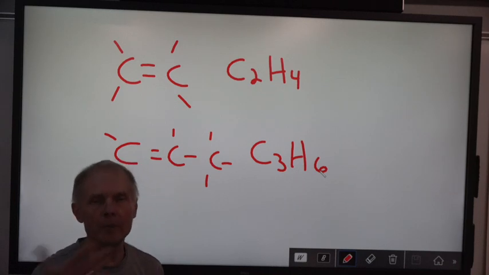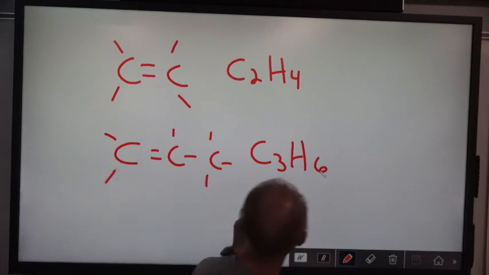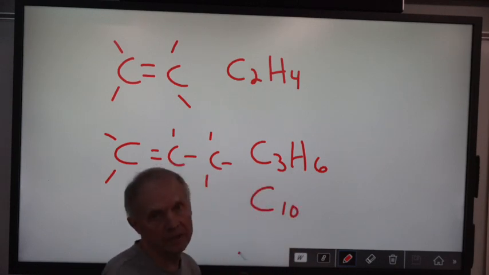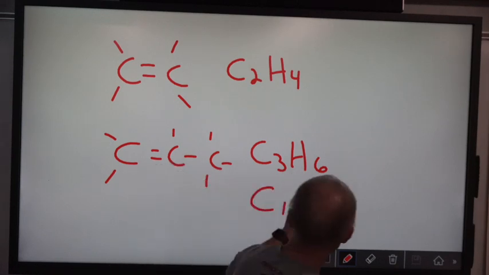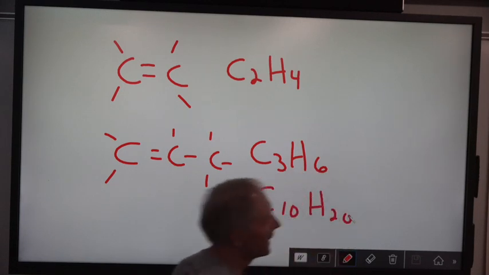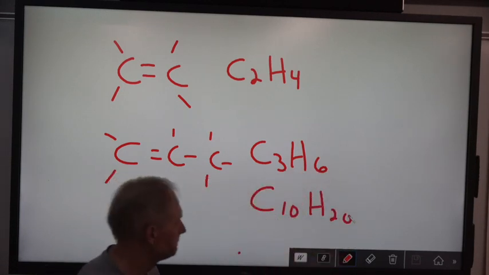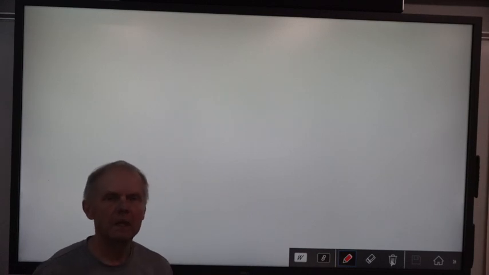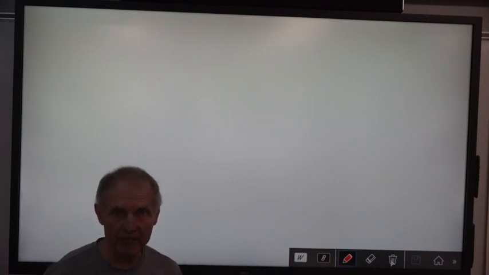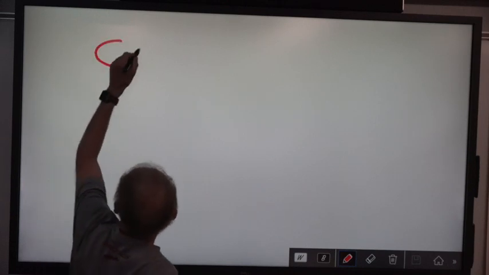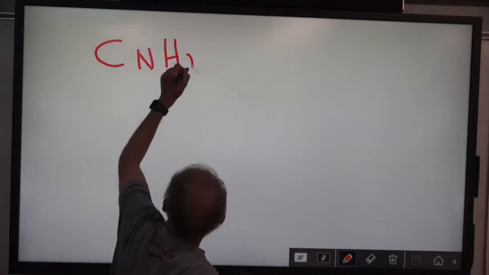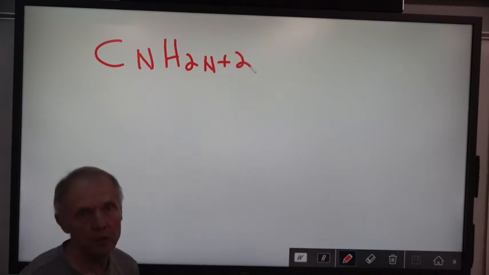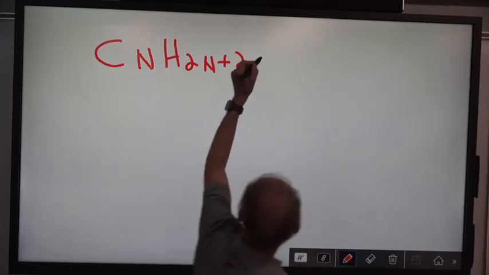You double the carbon number and you got it. So if we had to go C10, all you do is double the carbon number and you got the hydrogens. C10H20. So for number 3 under alkenes, if the general formula for the alkanes was this, you double the carbon number and add 2, that's for the alkanes.